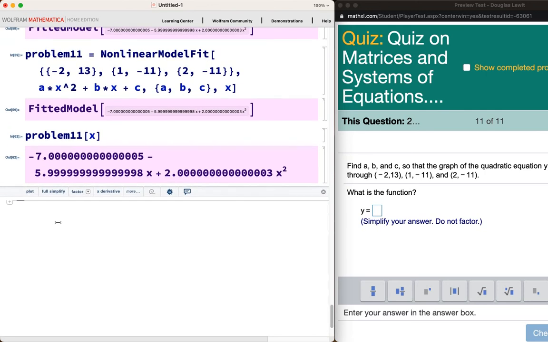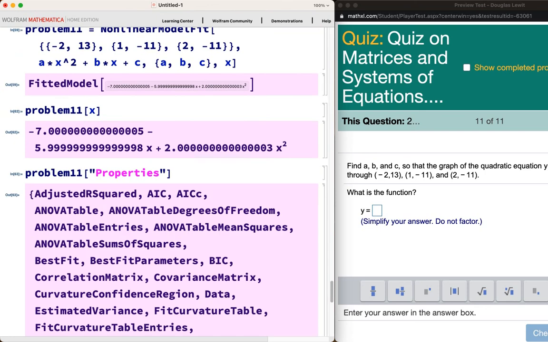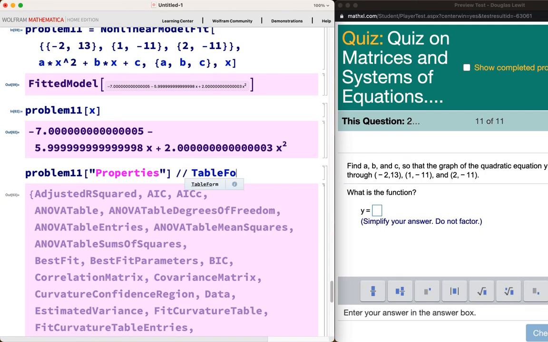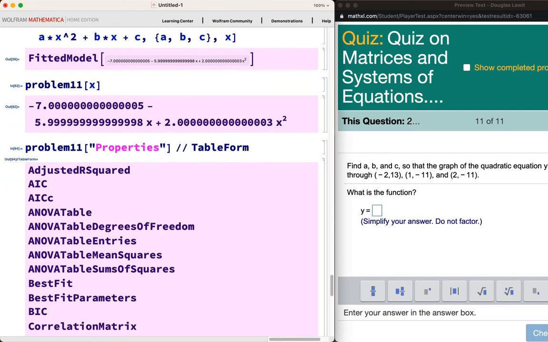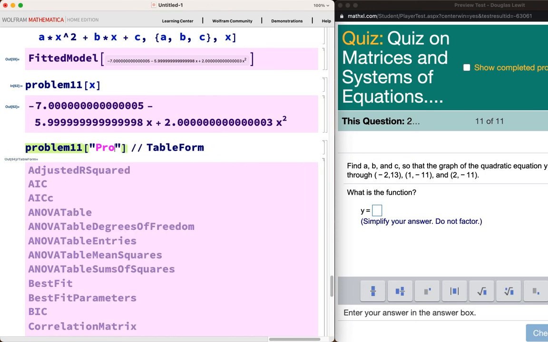So I think there's a way to get at problem 11. Let me see. Is it properties? Yeah, there we go. Properties in double quotation marks. Table form. Okay, so best fit.